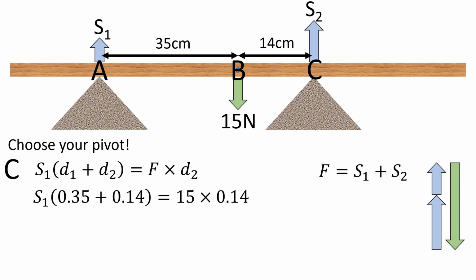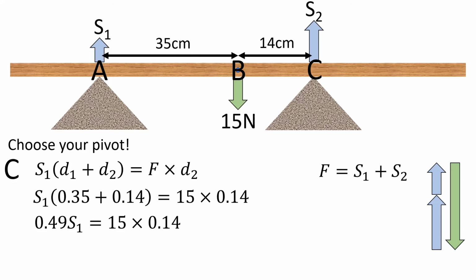So we can substitute in our numbers, and we find that S1 times (0.35 plus 0.14) is equal to 15 times 0.14. Collect those terms together inside the brackets because they aren't multiplied by anything. And we have 0.49 S1 equals 15 times 0.14.